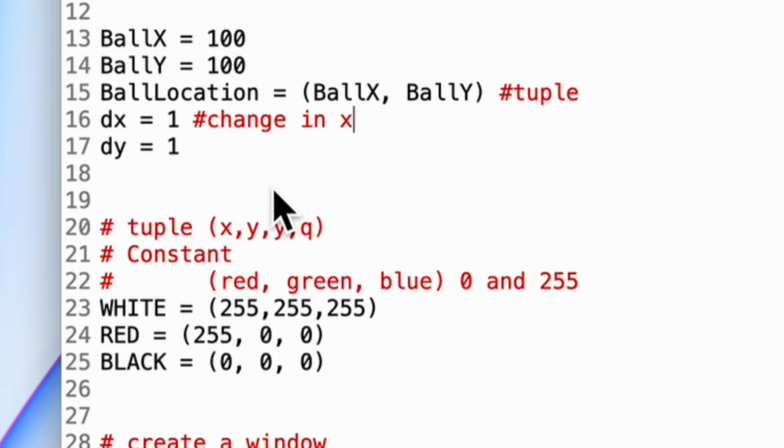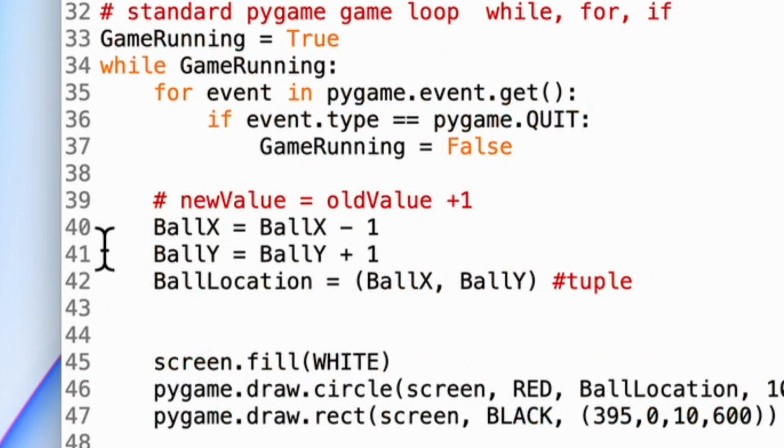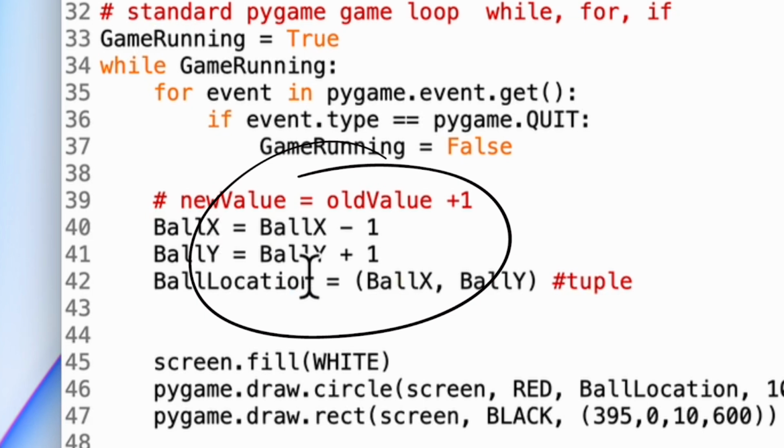Okay, so we have dx dy, and then down here on line 40 and 41, instead of saying ball x equals ball x -1, I'm going to say ball x equals ball x plus dx, and then 41 is going to be ball y equals ball y plus dy.